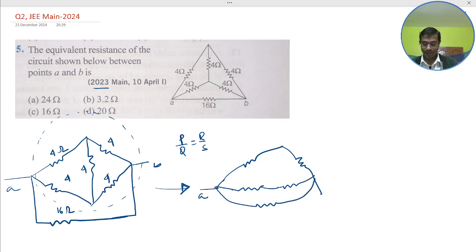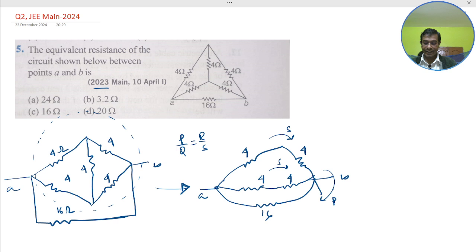This is point A and B. This is 4, 4, 4, 4 and the 16. You just see here that this 2 and 4 are in series, this is in series, this is in series, and these two and this are in parallel.